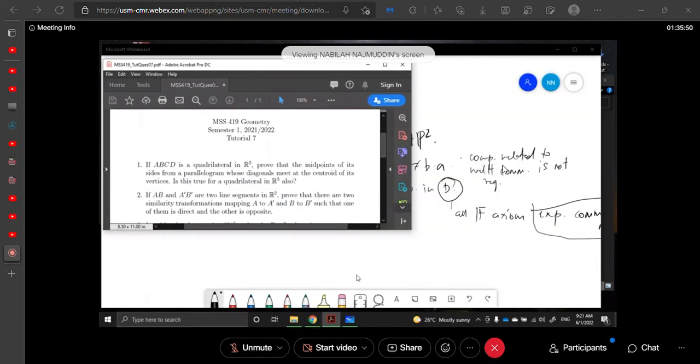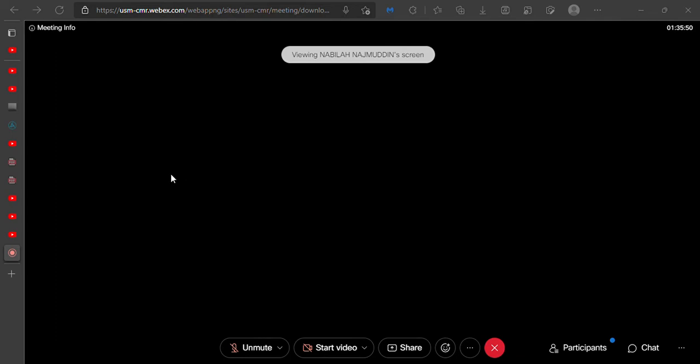Is this true for a quadrilateral in R3 also? So this is true. This also should be true for R3 because it is just a string. So we have to make sure that the midpoints of the quadrilateral will form a parallelogram.